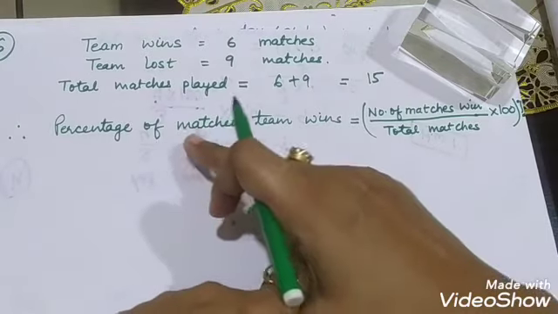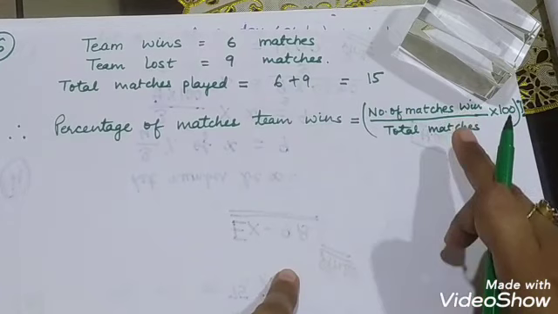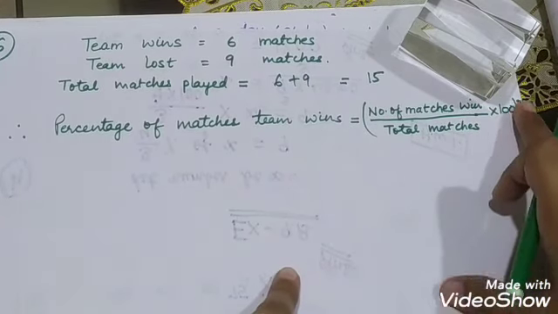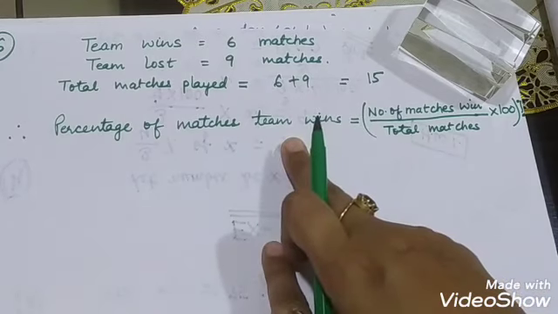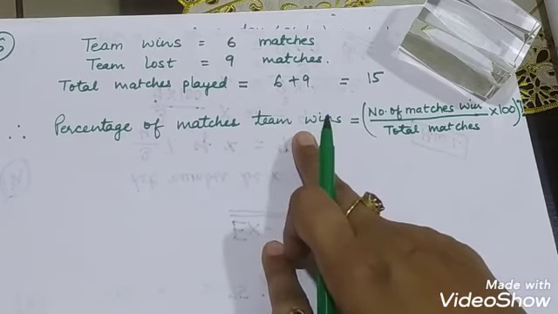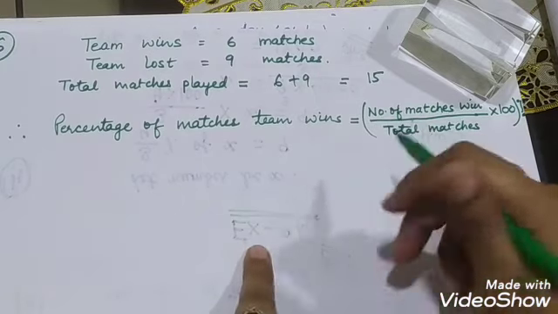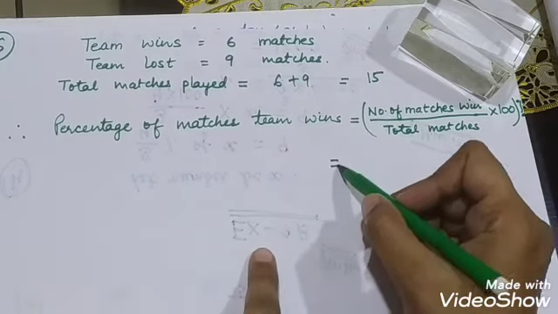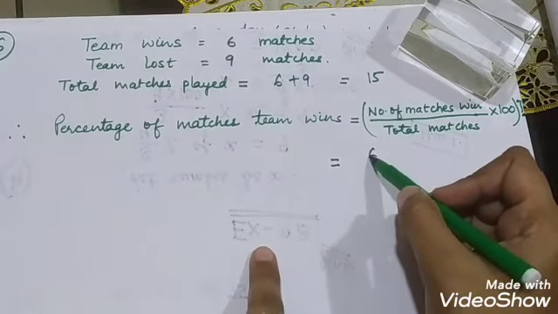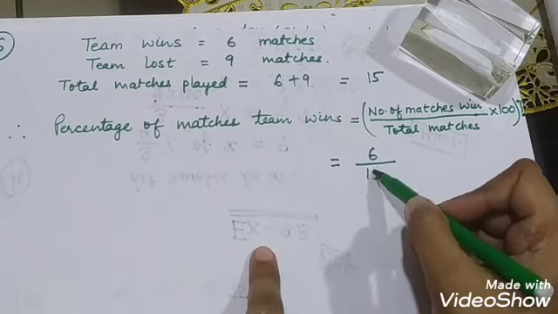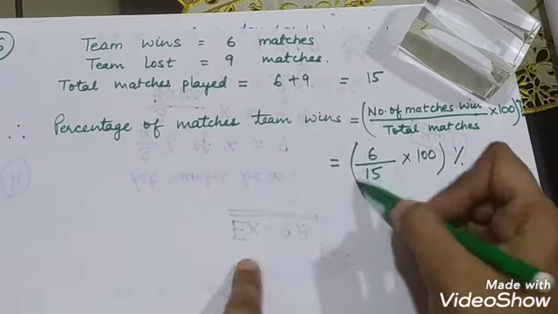So percentage of matches the team wins is equal to number of matches won upon total matches into 100 percentage. Okay, if they ask percentage of matches lost, then the formula will become number of matches lost upon total matches into 100. Now they are asking for percentage of wins, so we will put the won matches in the numerator, which is 6, and the total matches is 15 into 100 percentage.